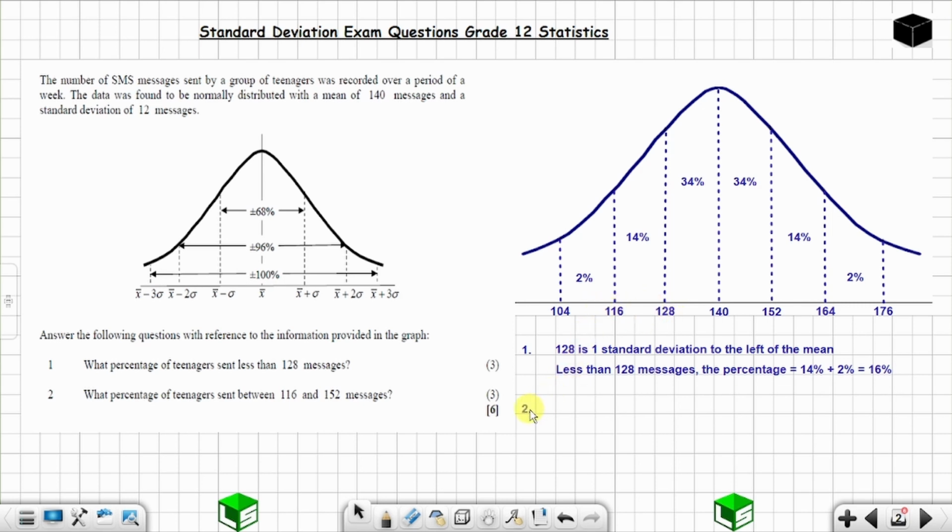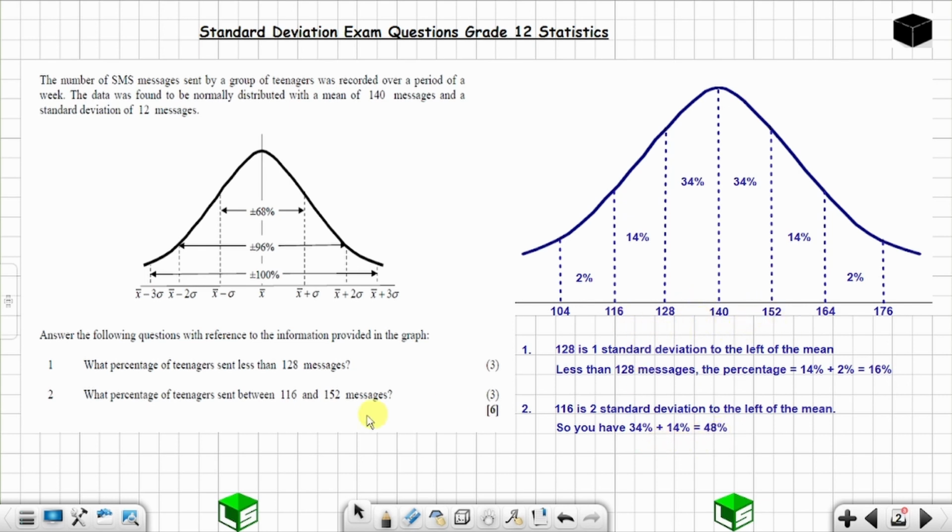Now question 2. What percentage of teenagers sent between 116 and 152 messages? 3 marks. 116 is 2 standard deviations to the left of the mean. On the left, up to 116, you're going to have 14% plus 34%, which is 48%.